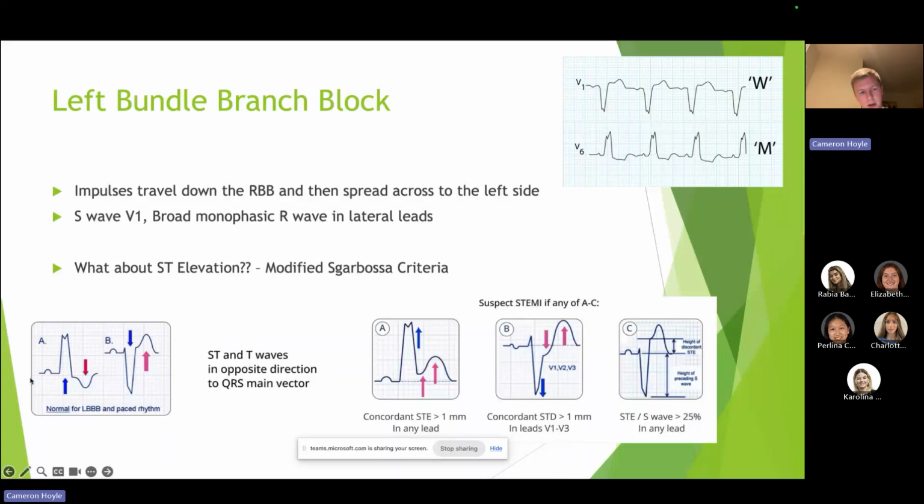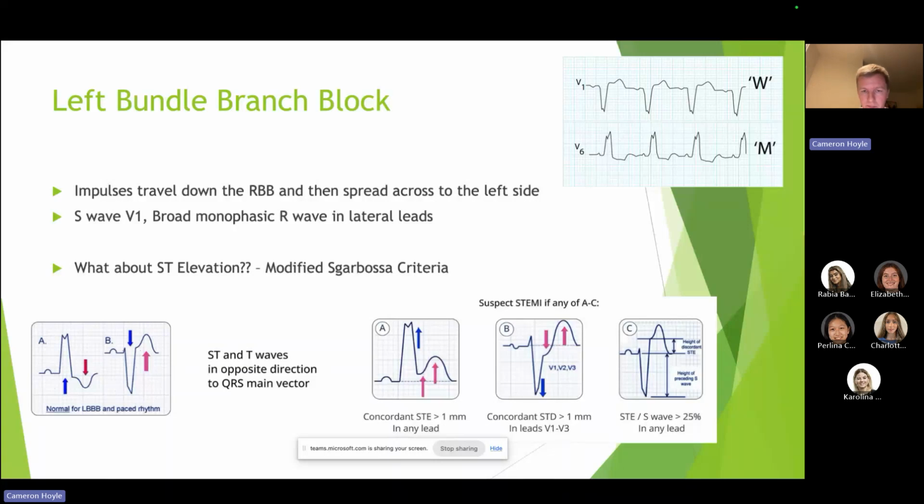As the QRS complex goes upwards, you will inevitably have some ST depression, and as the QRS complex points downwards, you will inevitably have some ST elevation.